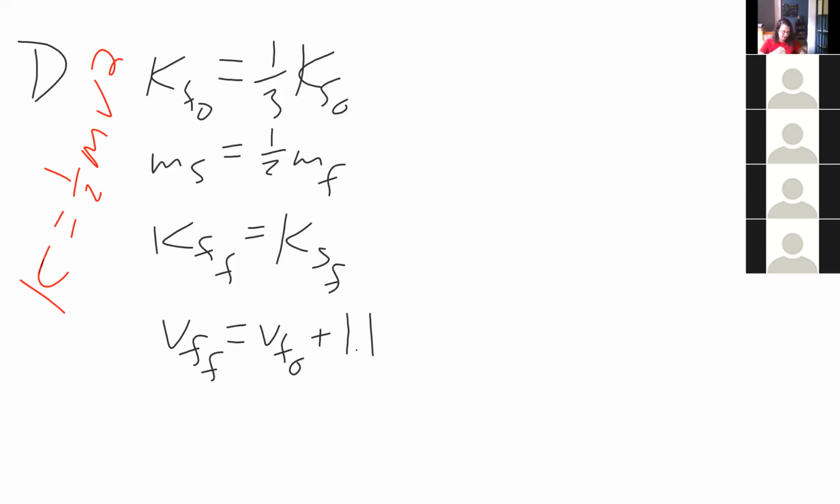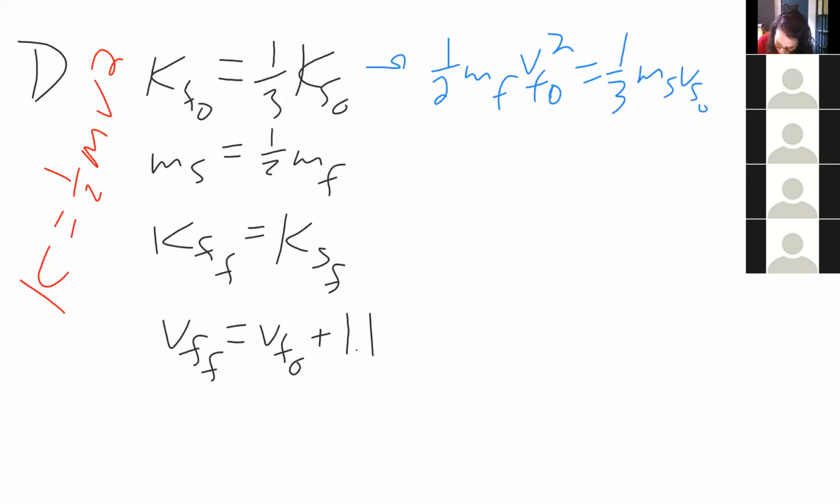So using that with our first equation, we could rewrite that as 1/2 the mass of the father times the velocity of the father initial squared is equal to a third the mass of the son times the velocity of the son initial squared.